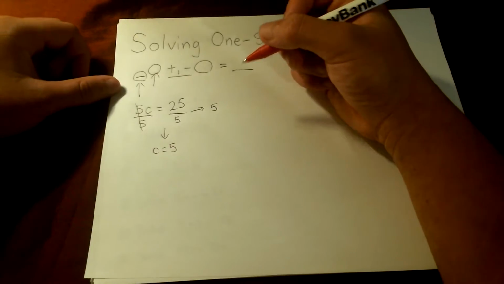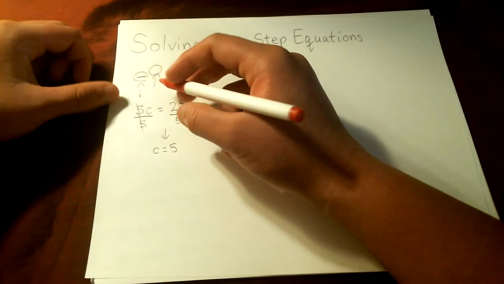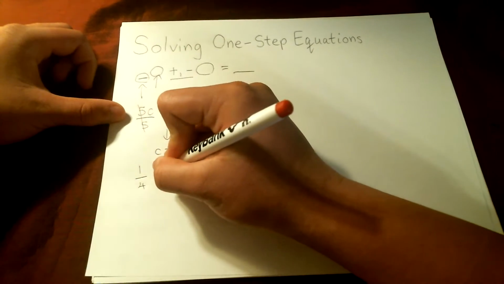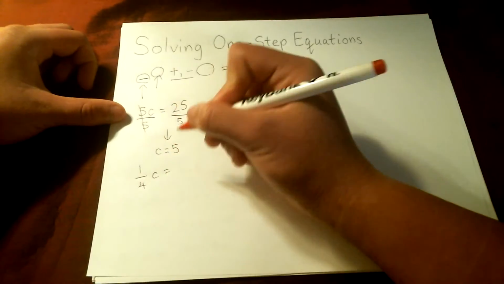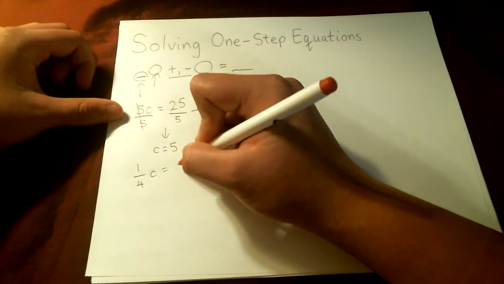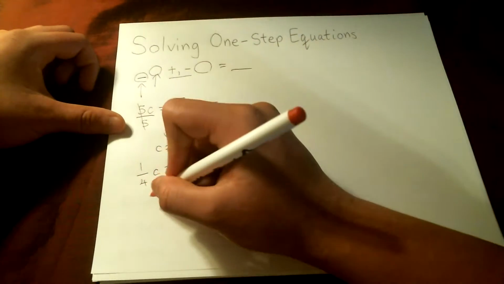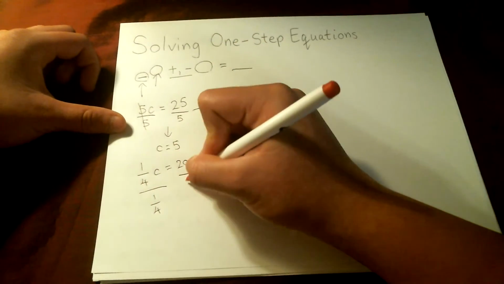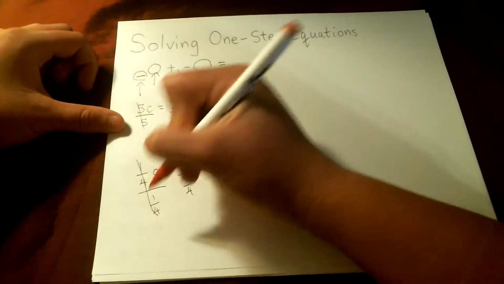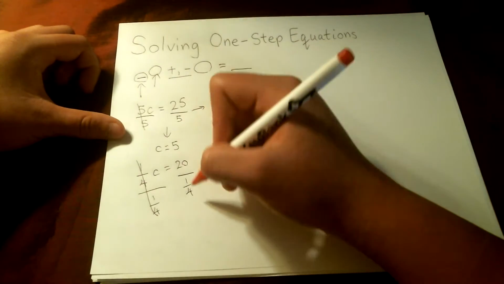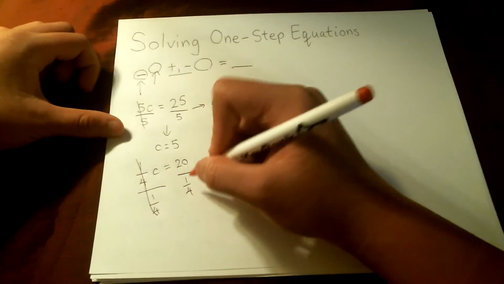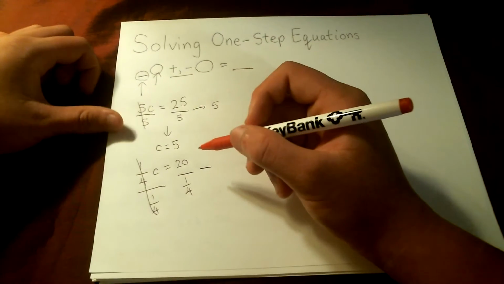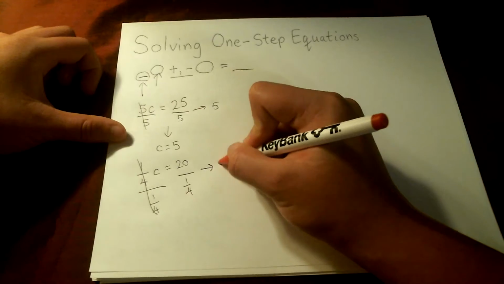All right. So if this coefficient was a fraction, such as 1/4 c equals 20, we would have to divide both sides by 1/4, just like before. So this would cancel out, and this would be 80.